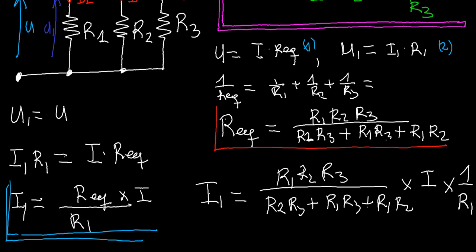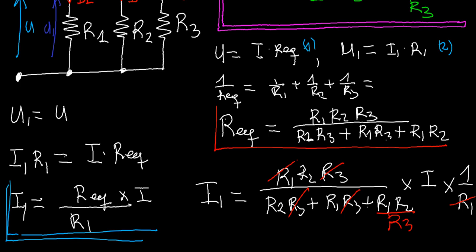So when we reach here, we discover that we can cancel the term R1 here as well, and R3 here, R3 here, R3 here, and divide this by R3.